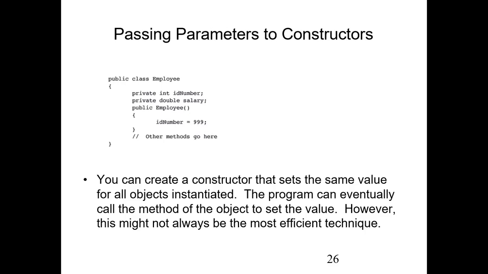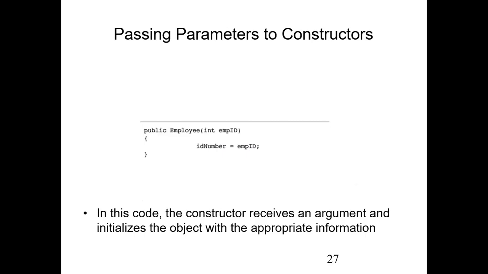For us to be able to set a specific ID number for each employee, we need to create constructors with parameters. In other words, we need to create what are known as parameterized constructors. So this is how we go about it. When we want to set an employee ID, we're still going to have public Employee.